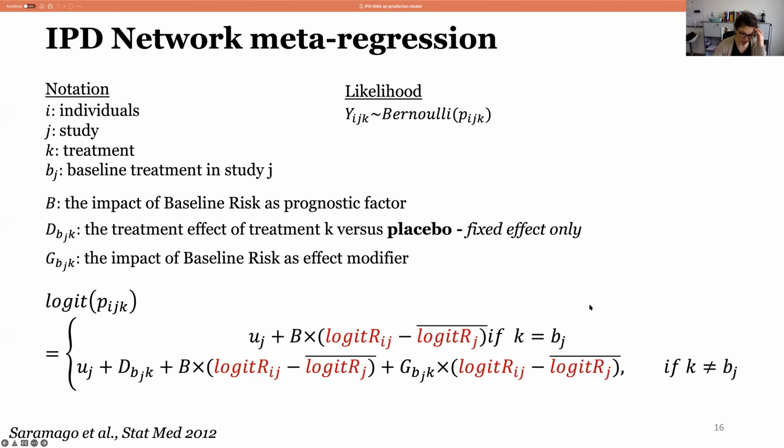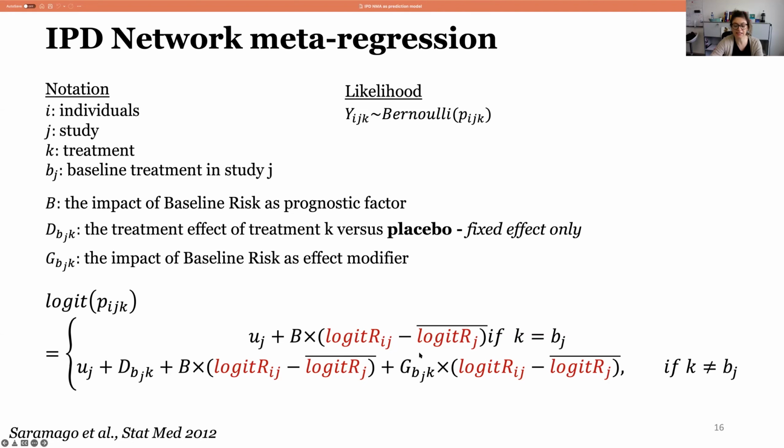And because we had very few studies, we used only fixed effects, unfortunately. This term here measures the impact of the baseline risk as a prognostic factor, and we center it at the mean value of the logit risk.